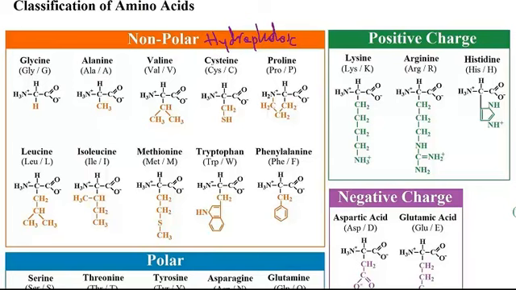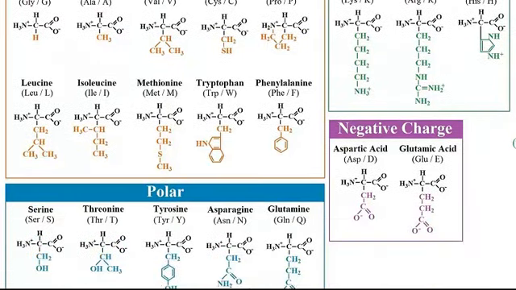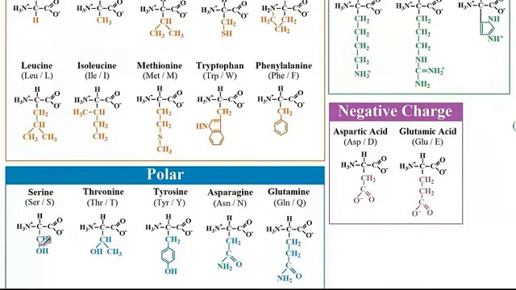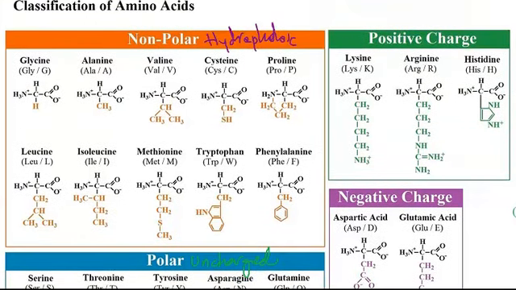And the polar ones itself can be divided into three groups. They're either polar uncharged, so here is an example of an uncharged amino acid, or it could be polar charged amino acids. Like for instance, in the example shown right here, we have a positively charged amino acid that is a proton acceptor. So therefore, these are basic amino acids.